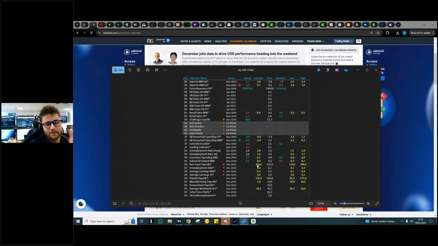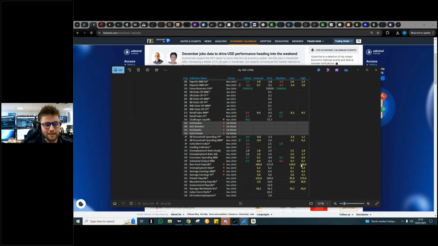We then have the middle 160 average. So that was just the highest and lowest that was provided. Now, in order to see the biggest possible moves, we would like to see the actual figure being outside of those high and low ranges. That would be the ideal scenario. Obviously, it's less likely, but it does happen.